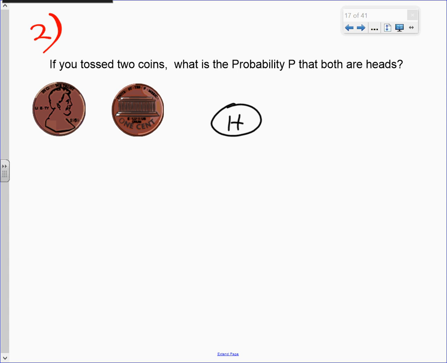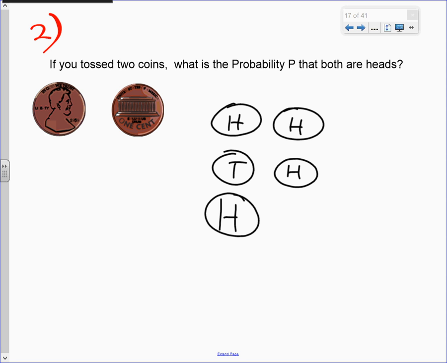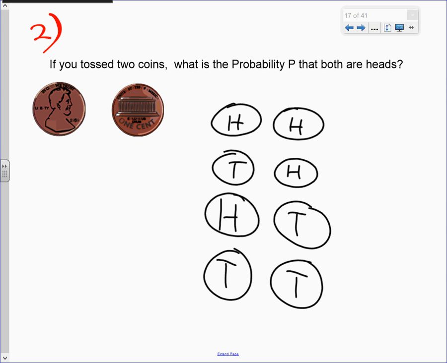So we can have the first coin heads and the second coin heads. We can have the first coin tails and the second coin heads. What's another possibility? We can go the first coin heads and then the second coin tails. And then the last case, first coin tails, second coin tails.